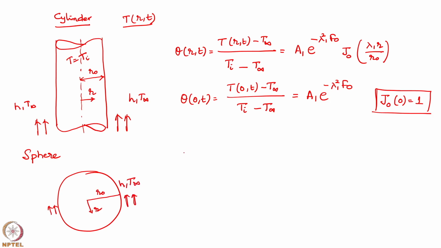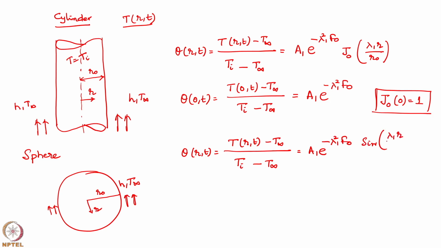So theta of r comma t is equal to T of r comma t minus T infinity divided by Ti minus T infinity is equal to A1 e to the power of minus lambda 1 squared Fourier number into sine of lambda 1 r by r naught divided by lambda 1 r by r naught.